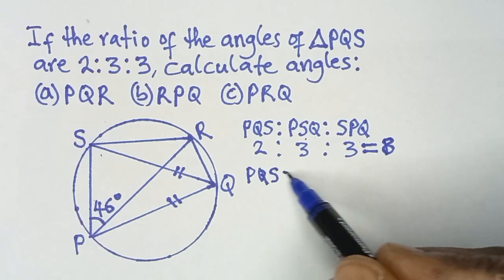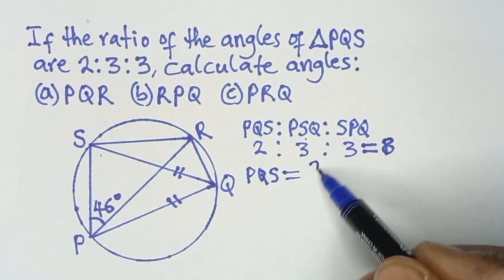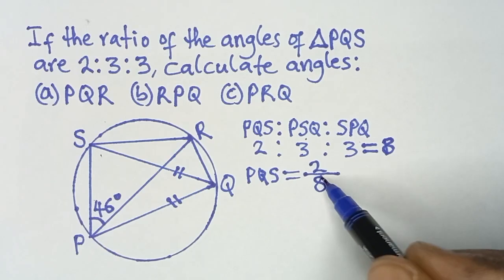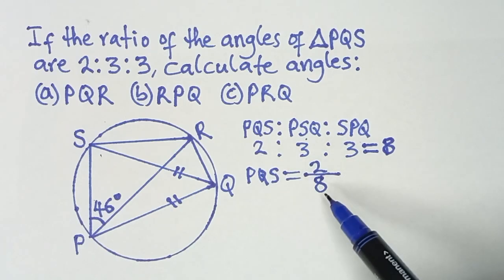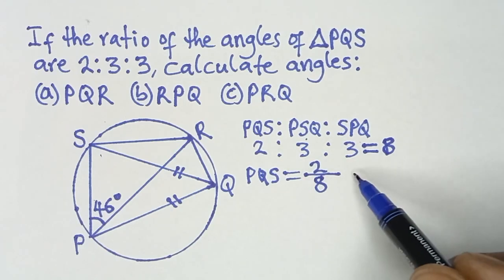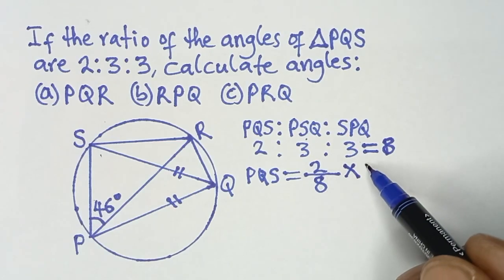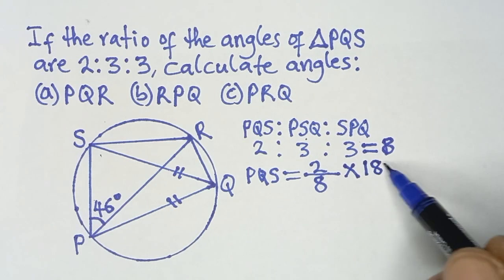So for angle PQS, its ratio is 2 divided by the total ratio, which is 8. So you take the ratio of that angle, divide it by the total ratio, and then multiply by whatever you are sharing among them. So we are sharing the total angle 180 among the three.